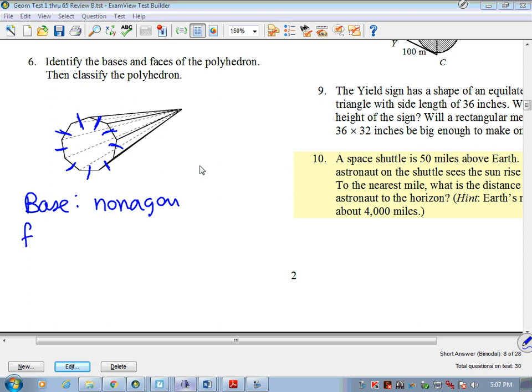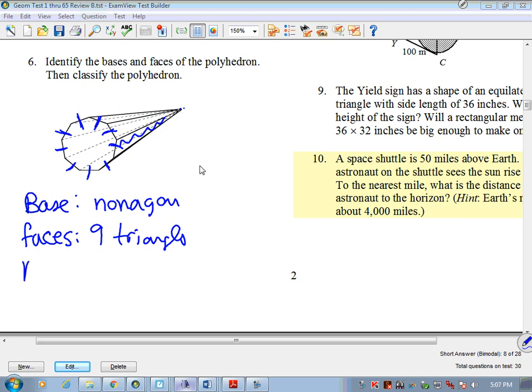Faces. Faces are these guys here, and so there are 9 triangular faces. And this isn't going back to some just very far distant nonagon. It's actually all going back to a singular point.